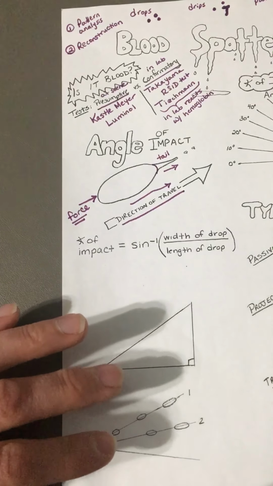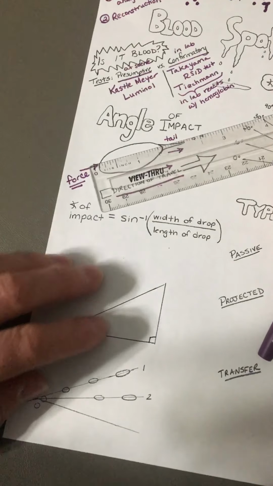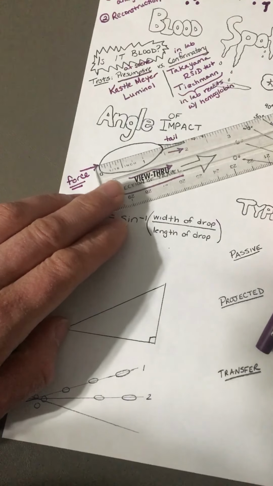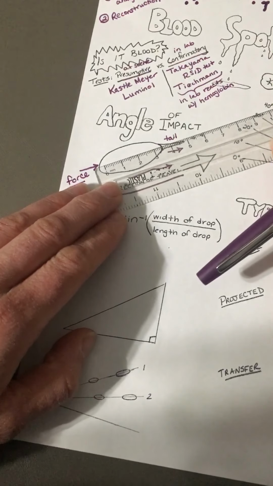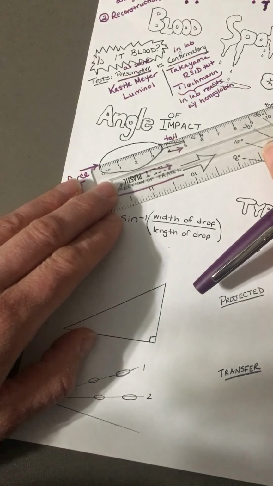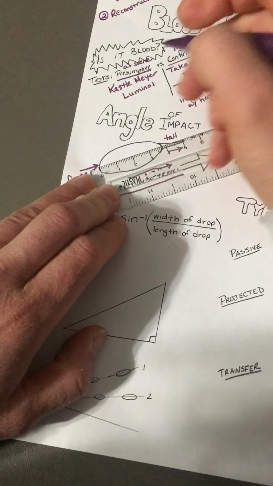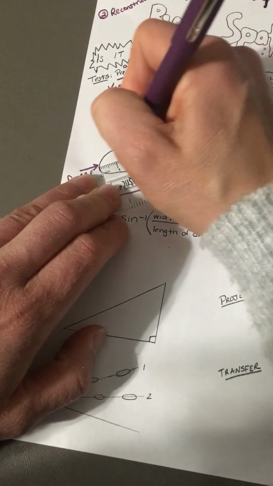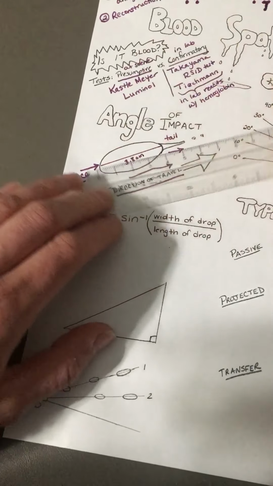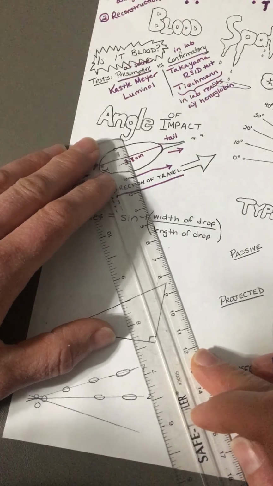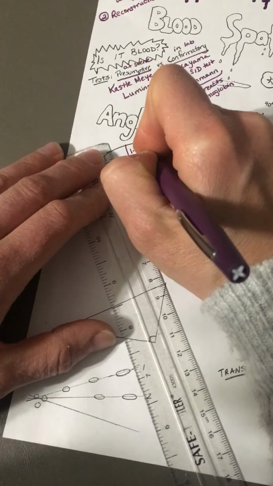And if we measure this little drop of blood, it looks like if I took off the tail, because remember, I don't want to measure the tail. That's going to throw off all my measurements. I'm going to get 3.8 centimeters this direction. And this direction, I'm going to get 1.7 centimeters.